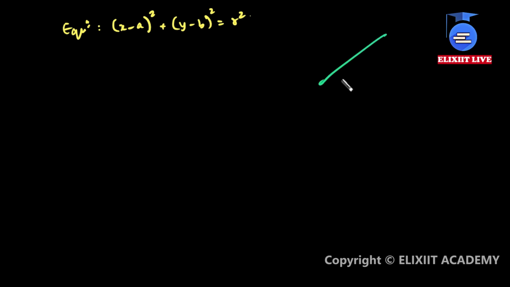In a right angle triangle, this is the perpendicular, base and hypotenuse. How do we define sin theta? Sin theta is perpendicular by hypotenuse, and cos theta is base by hypotenuse.